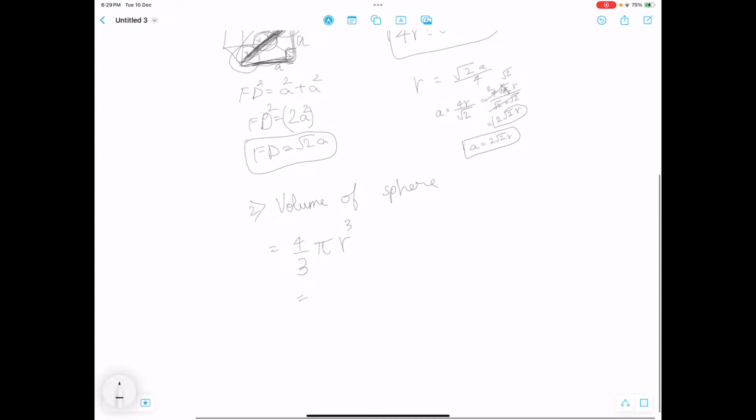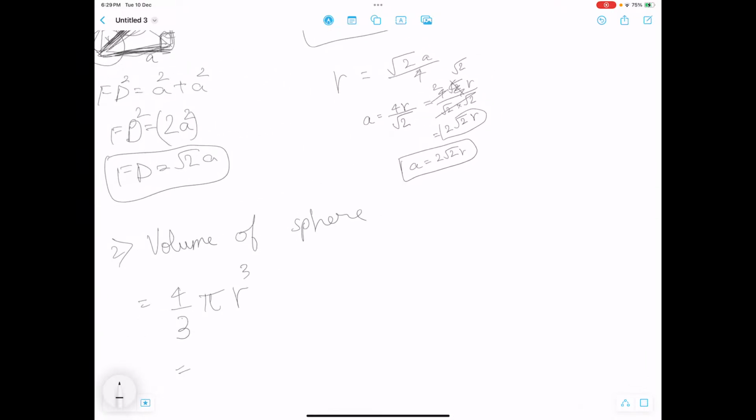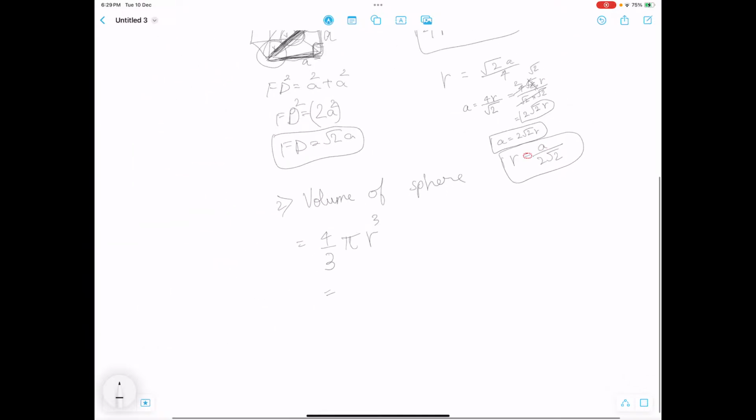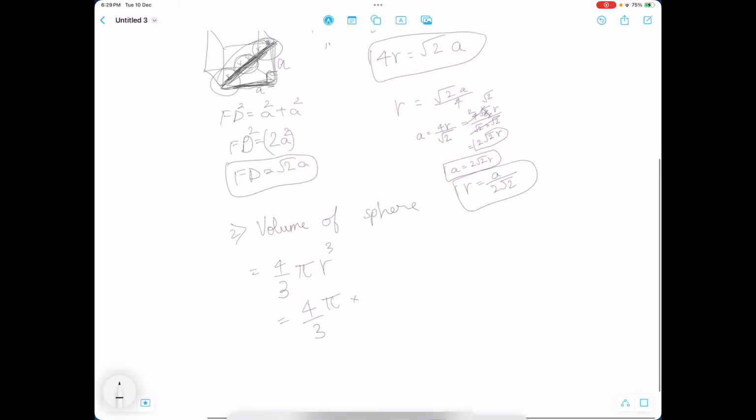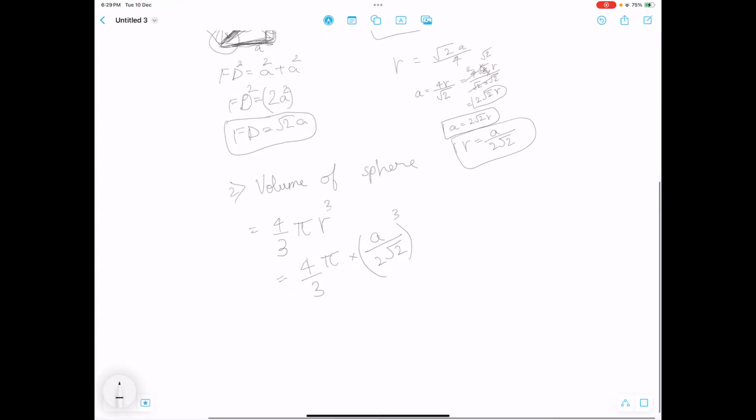So now you substitute this instead of, okay, first you find r. So r becomes a by 2 root 2. This will become 4 by 3 pi into a by 2 root 2 the whole cube.